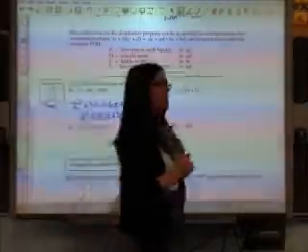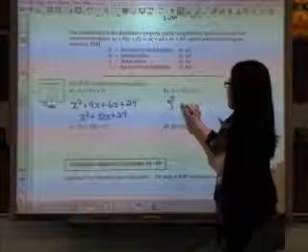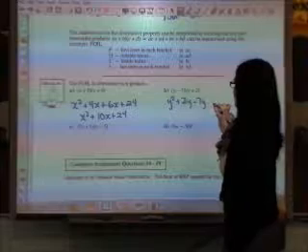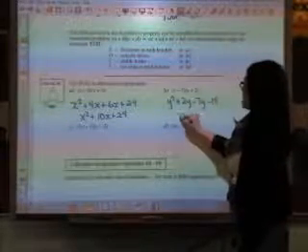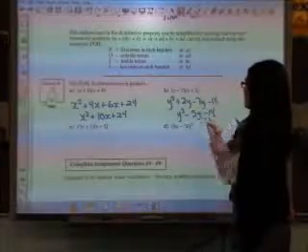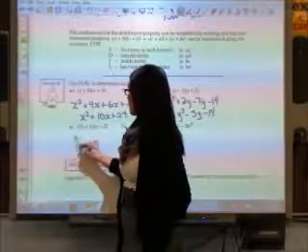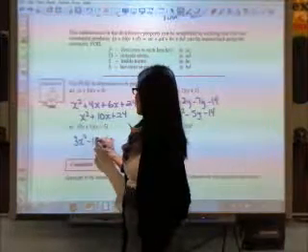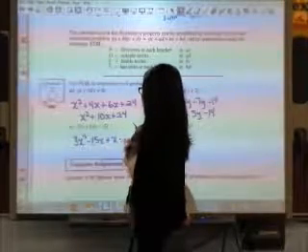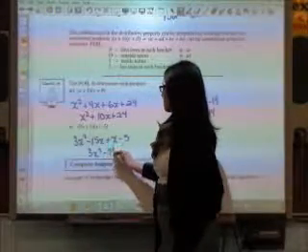Okay, what about for b? y squared plus 2y minus 7 minus 14. How many y's do I have? Negative 5. Okay, what about c? 3x squared minus 15x plus x minus 5. So I get 3x squared minus 14x.